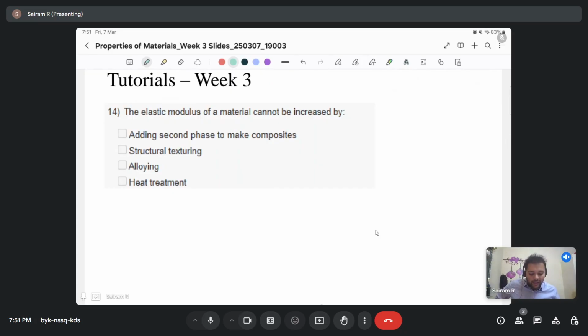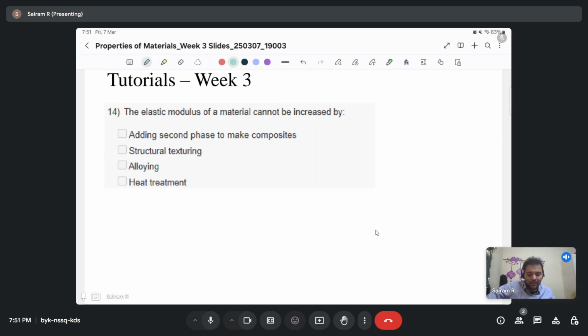14th question: the elastic modulus of a material cannot be increased by... When we make composites by adding a second phase, we deliberately do that as a method to increase the elastic modulus of our material, so that is not the answer.